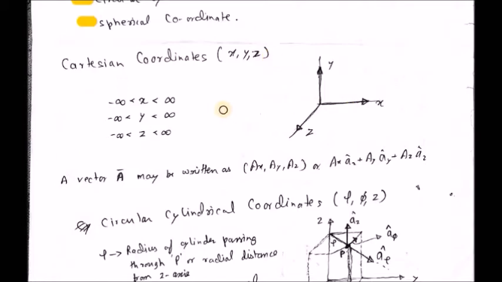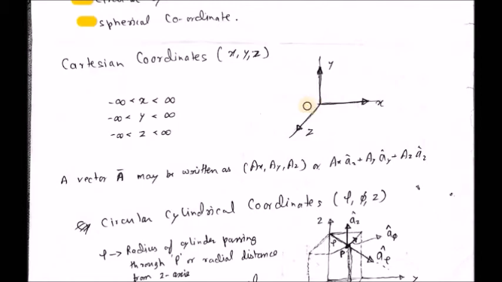We will first see the limits on this x, y, z. This is how we represent the coordinate system. Suppose this is the x axis, this is the y direction, and this is the z direction. These x, y, z are mutually orthogonal to each other.